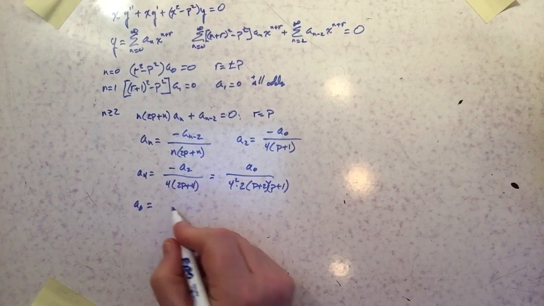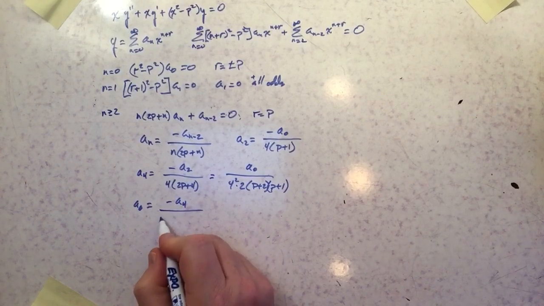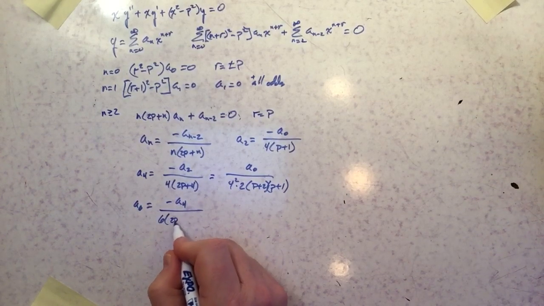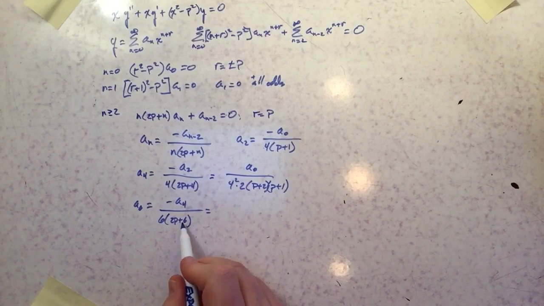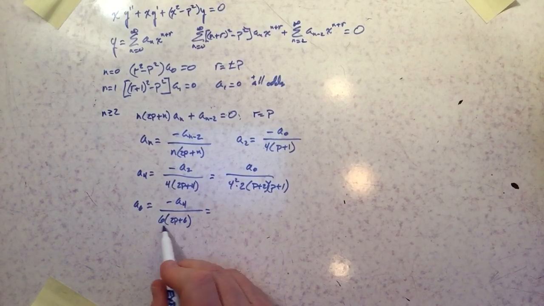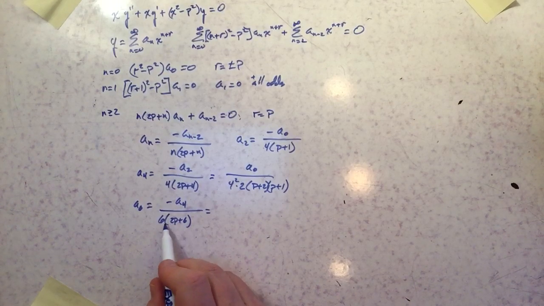A6 is going to be equal to negative a4 divided by, this will be 6 times 2p plus 6. Again, I can think about factoring out the 2 from this. That'll leave p plus 3. Factoring out of 2 is going to be 2 times 6, which is 12, and I'm going to rewrite that as 4 times 3.